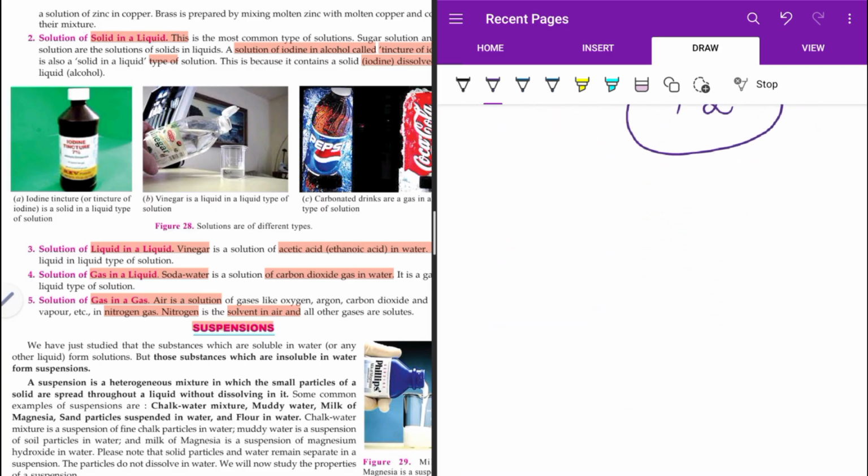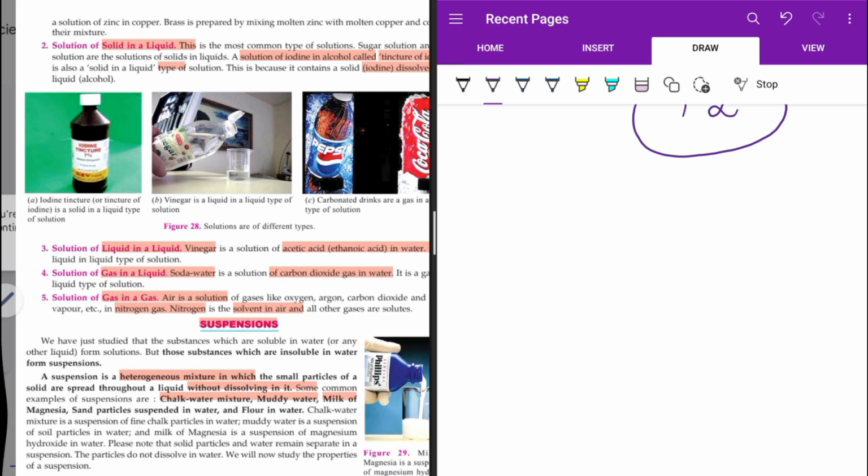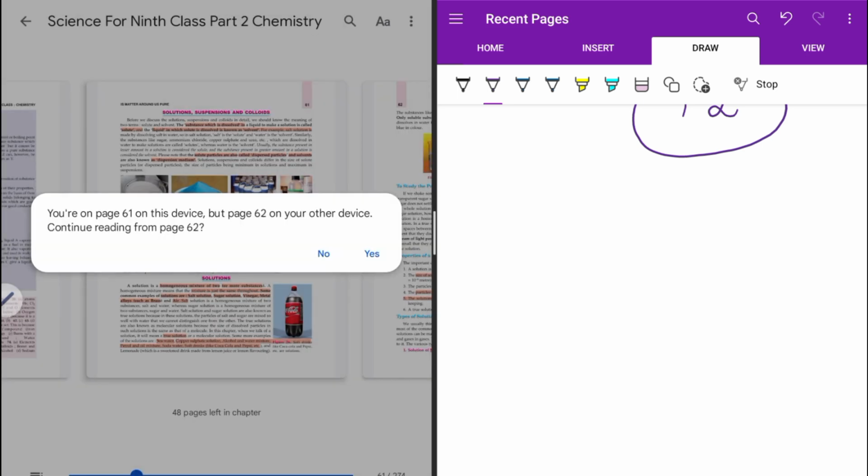Suspension: in the introduction part, I have already said that it is a heterogeneous mixture where the particles are not dissolving in the liquid, like chalk in water, clay in water, milk of magnesia. You know milk of magnesia.